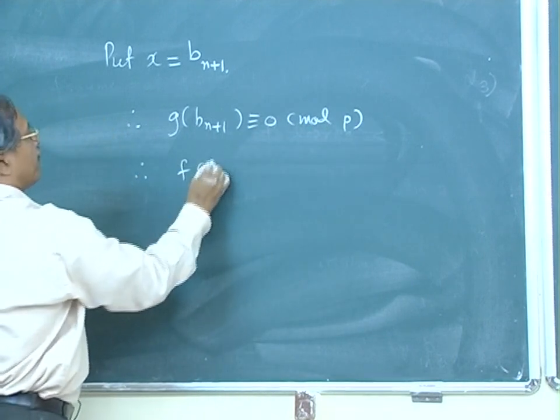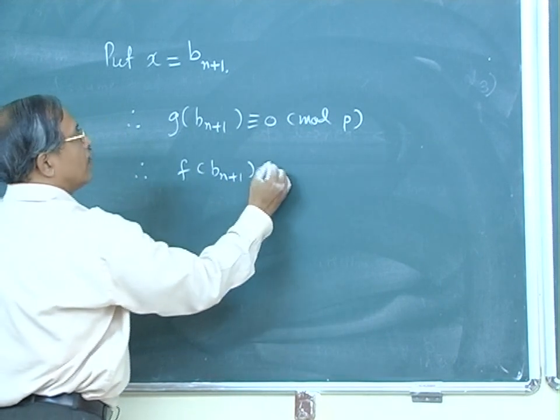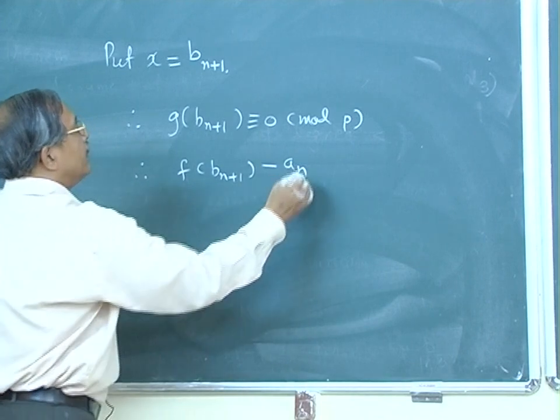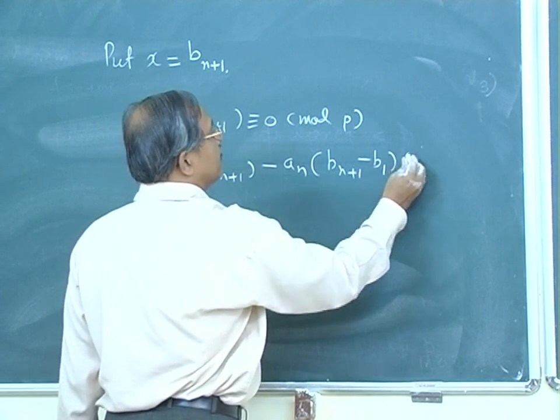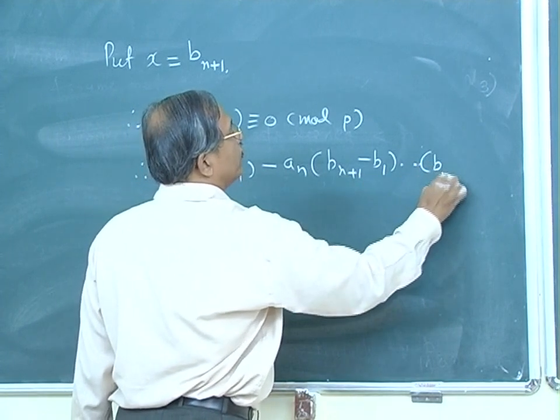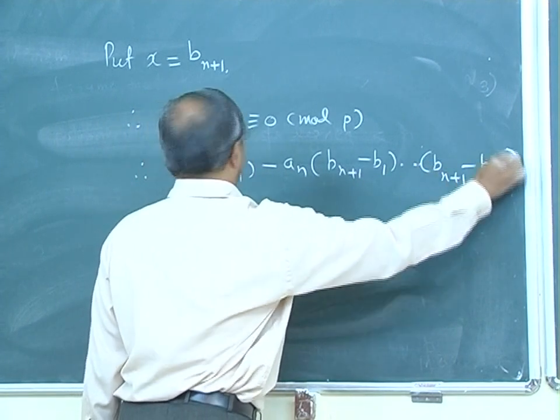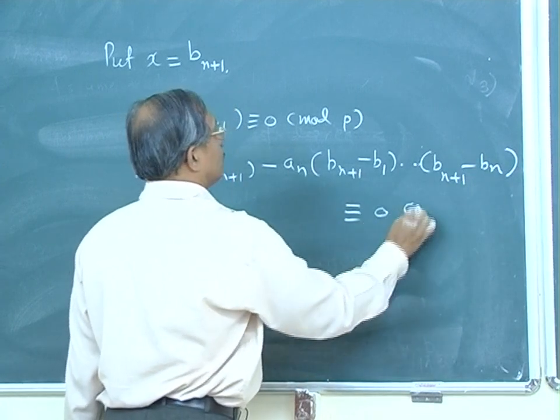Therefore, f of b(n+1) minus an into (b(n+1) minus b1), etc., (b(n+1) minus bn) is also congruent to 0 mod p.